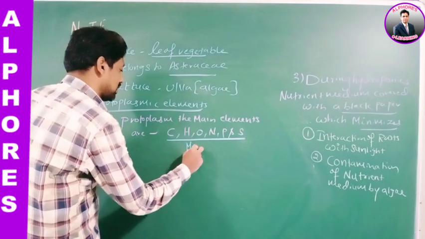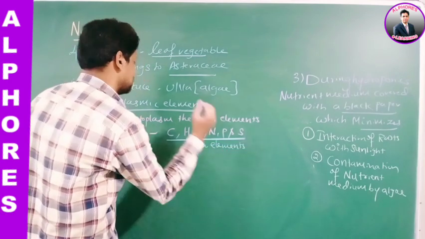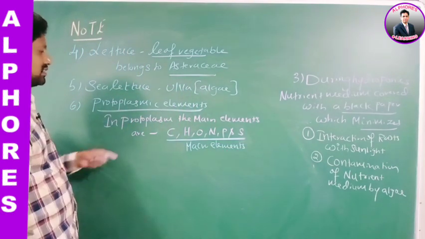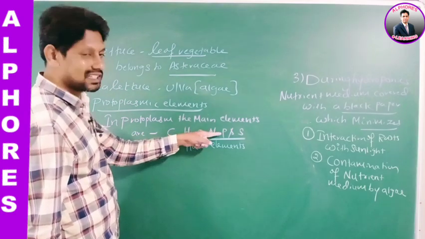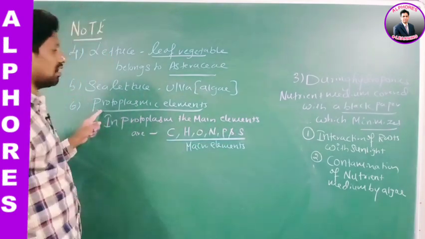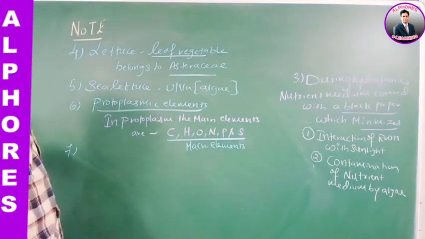All these are which elements? They are macro elements. Carbon, hydrogen, oxygen, nitrogen, phosphorus and sulfur are called protoplasmic elements.